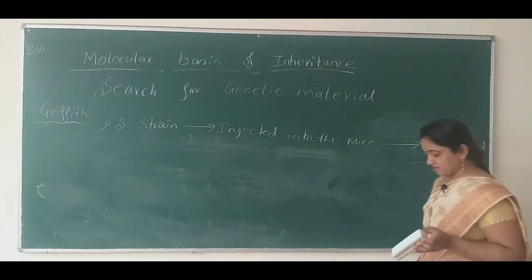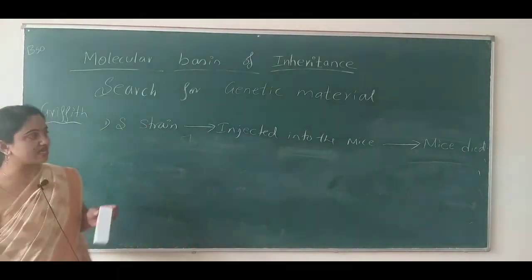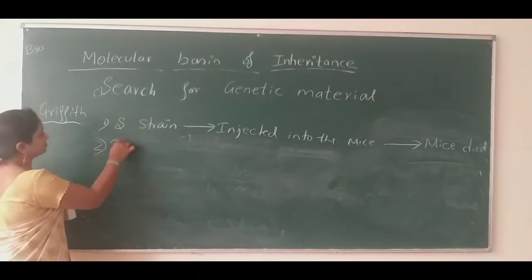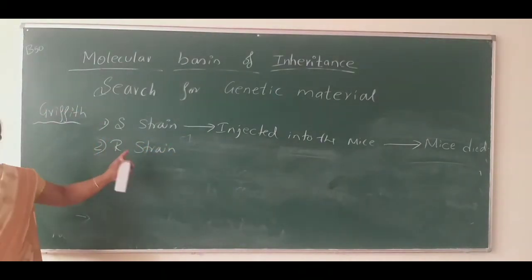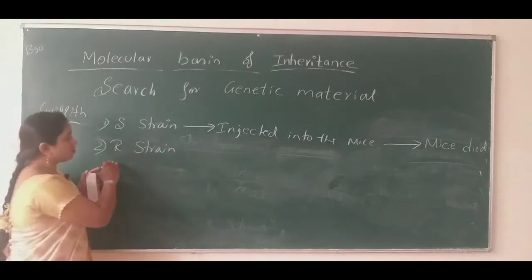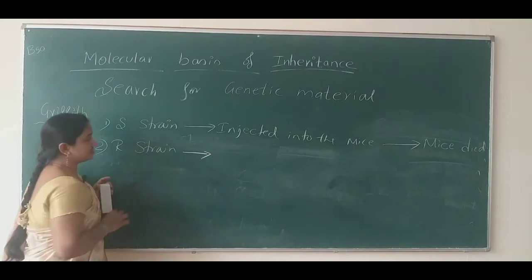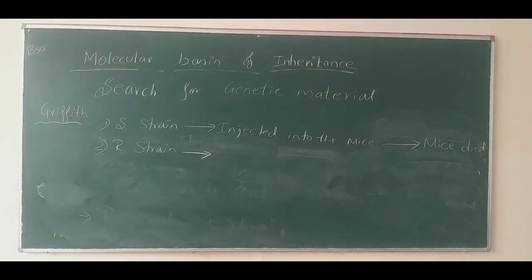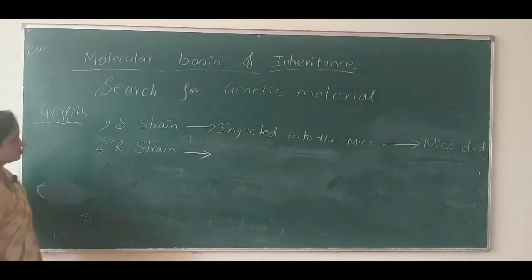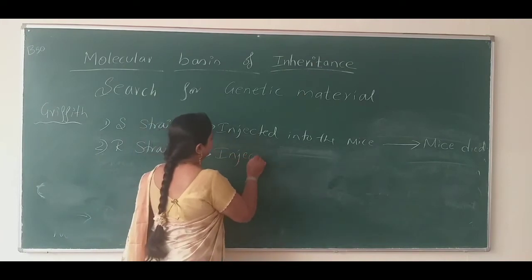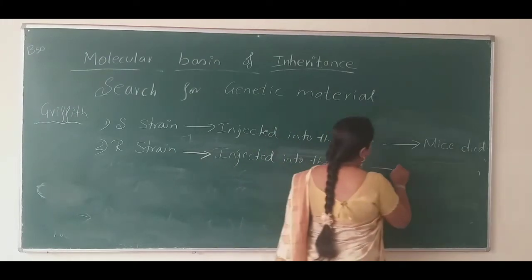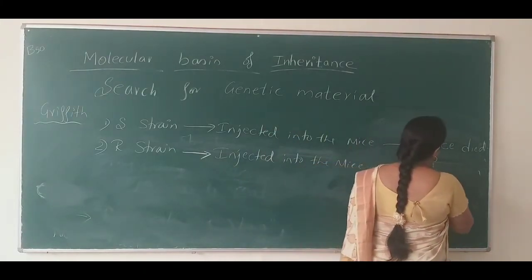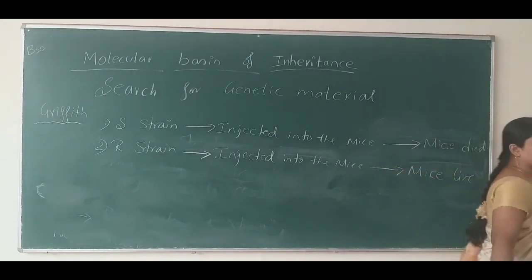In the next experiment, instead of the S strain, he took the R strain. The R strains are non-virulent; they do not cause diseases. When he injected these R strain bacteria into the mice, the mice stayed alive.